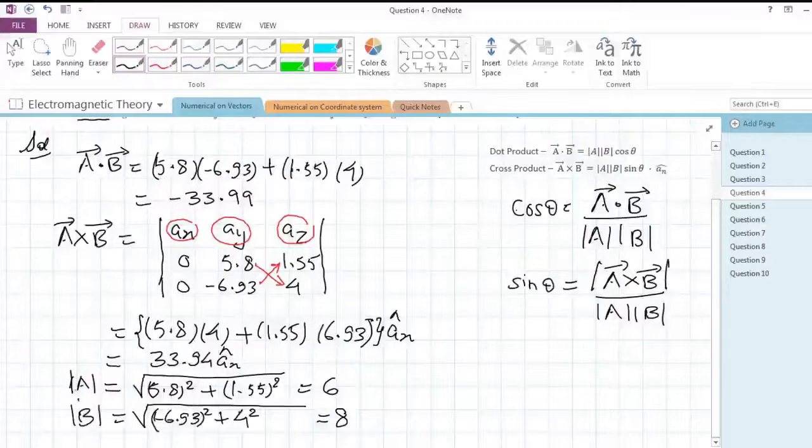So now let us start applying the formula that we decided. The formula was, first of all, using the dot product. Cos theta is equal to A dot B. A dot B is what? Minus 33.99. And because it's the magnitude, we can skip this minus sign. We can delete it right now.